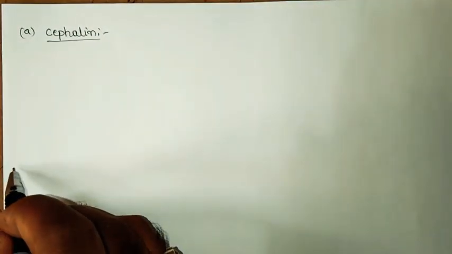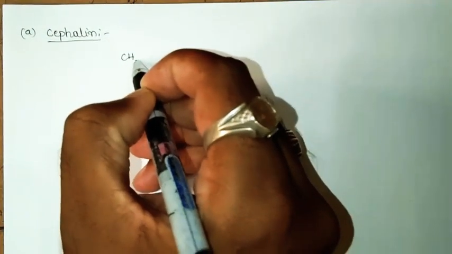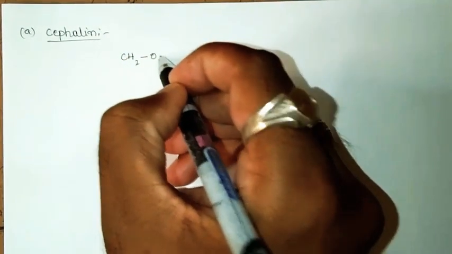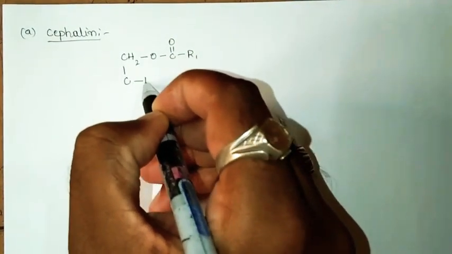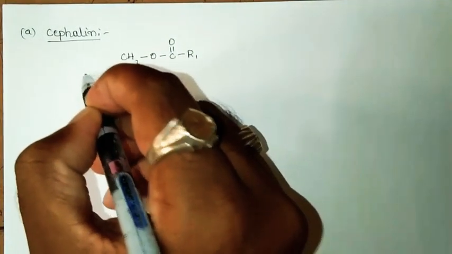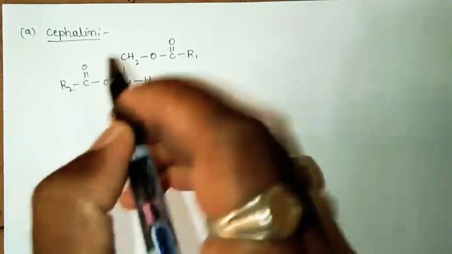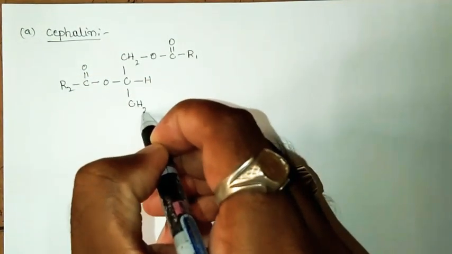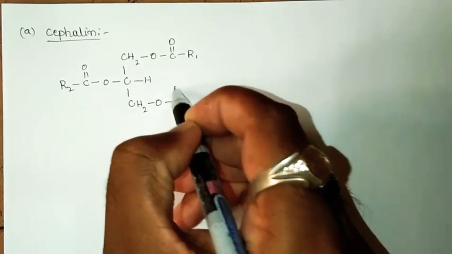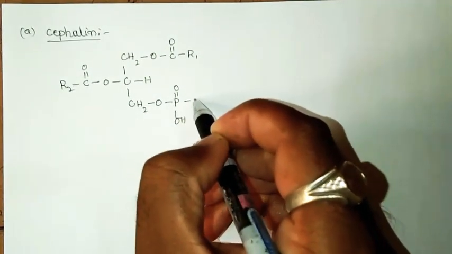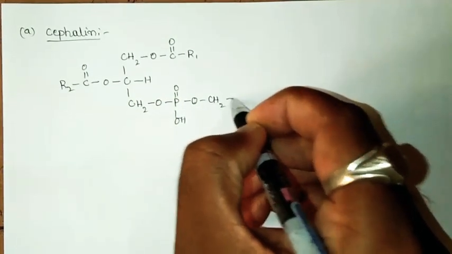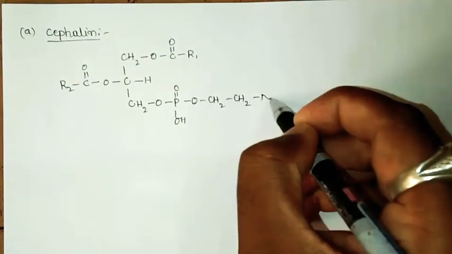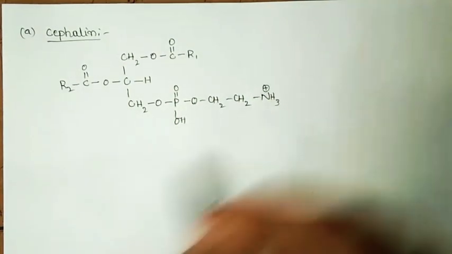Cephalin is one of the simple examples of phosphoglycerides. Now we shall write the structure of the phosphoglyceride cephalin: CH2O, C double bond O, R1, C, H, O, C double bond O, R2, and CH2, O, P double bond O, OH, and here it will be O, CH2, CH2, NH3 plus.